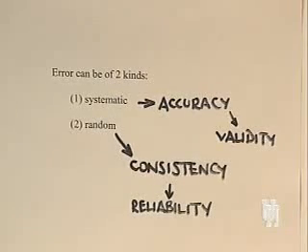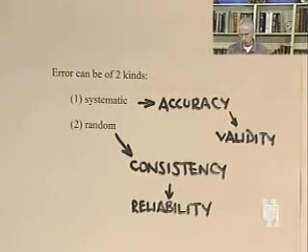Let me briefly go through this again. Error can be of two kinds. Systematic, which we've talked about, unidimensional, consistent in magnitude, affects the accuracy of scores, and so is at the root of measurement validity. Error can also be random. Random error is just as likely to be positive as negative, and it varies in magnitude. That is, it affects the consistency of scores, and so is fundamental to the issue of measurement reliability.